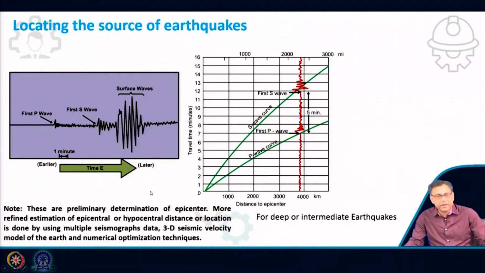A more refined estimation of the epicenter or hypocentral location is done using multiple seismograph data. So, these give us a preliminary idea about the location of the epicenter, but if we want to locate the epicenter accurately, then we have to use more seismograph data, a 3D seismic velocity model of the earth, and numerical optimization techniques.